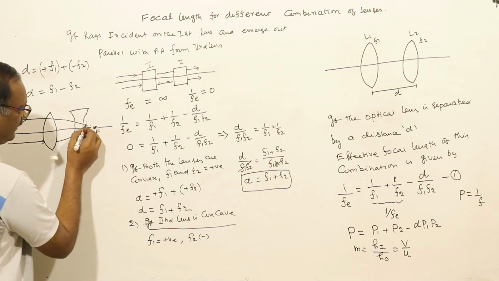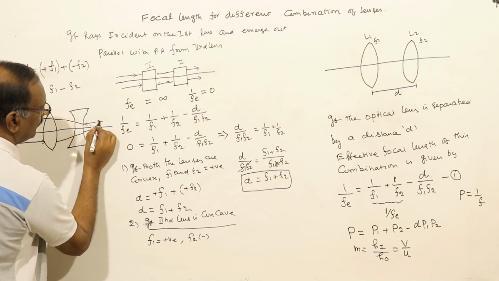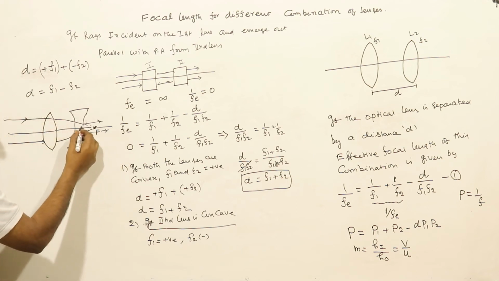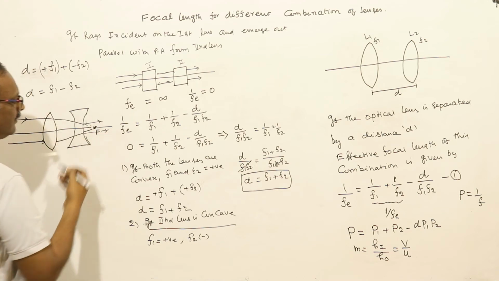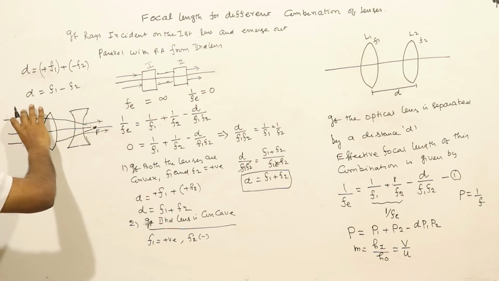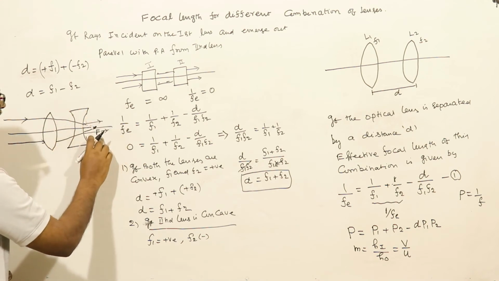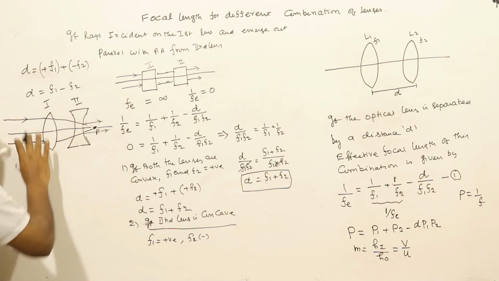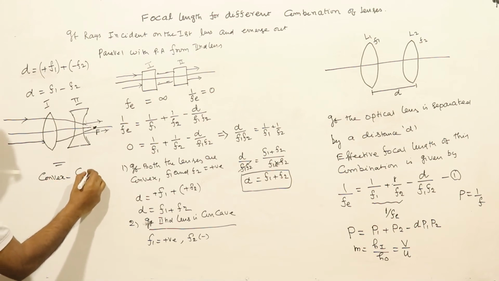So after refraction it will go parallel to this, because if anything comes from the focal point, it will go parallel to the principal axis. Incident ray is parallel, and the emergent ray is also parallel. This is the case of a combination of convex and concave lens.